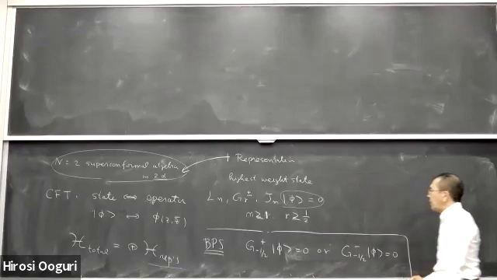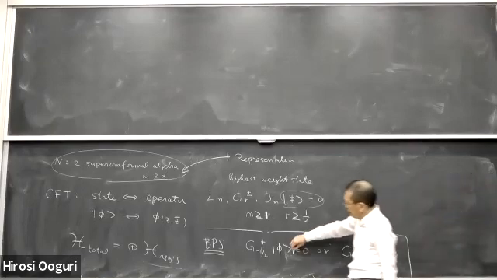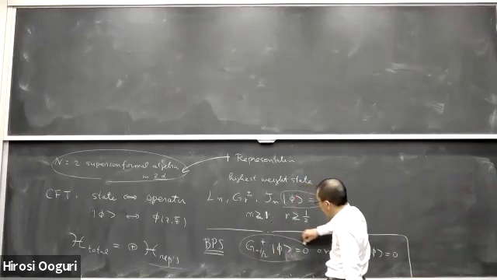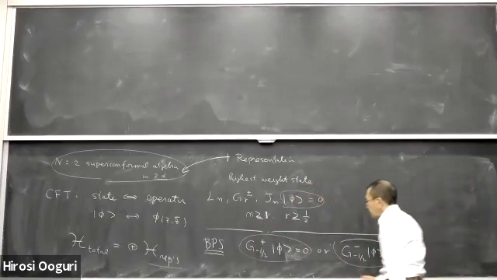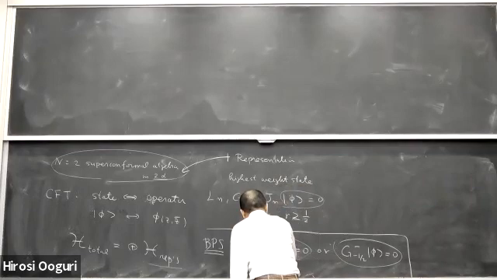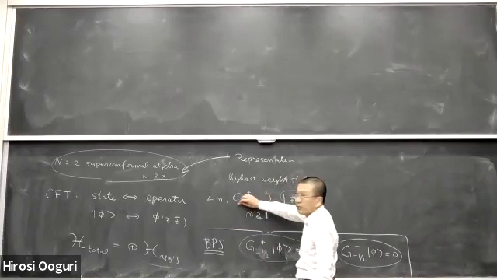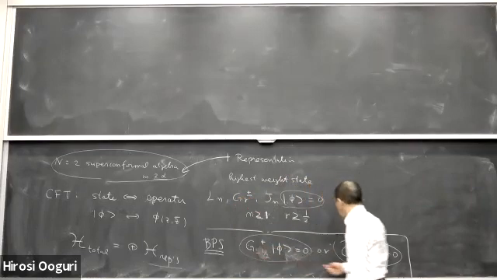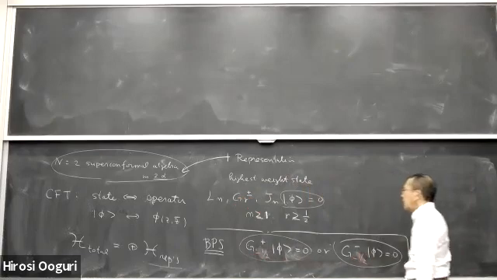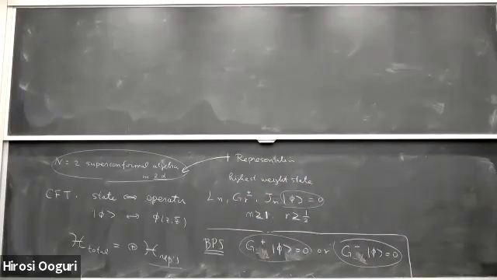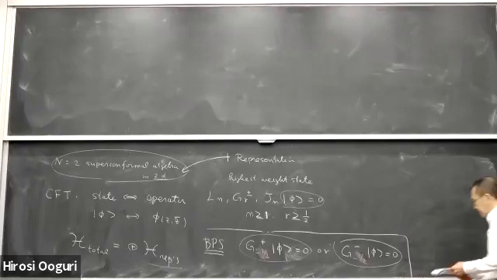You cannot impose both, so you can impose either that the highest weight state is in addition annihilated by this or this. Please note that here, the grading is minus 1/2, so it's a negative number. So it's not included in here. So this is an additional condition. Okay, so if a highest weight state satisfies this additional condition, then it's called a BPS state.